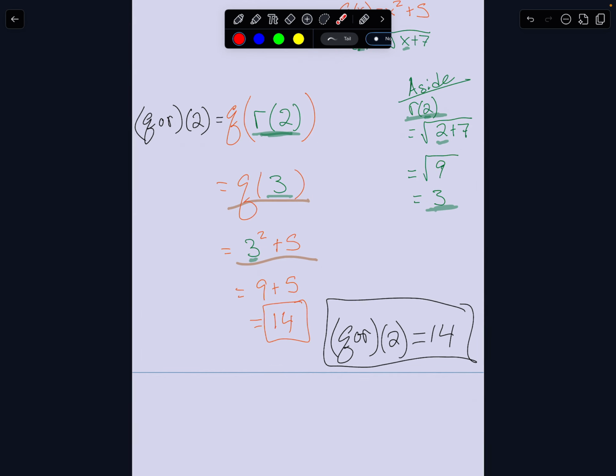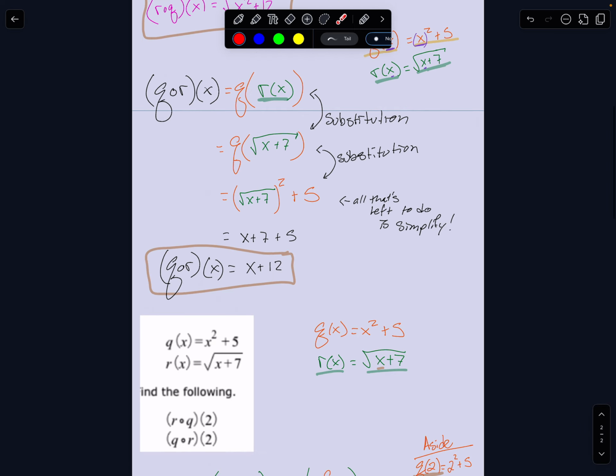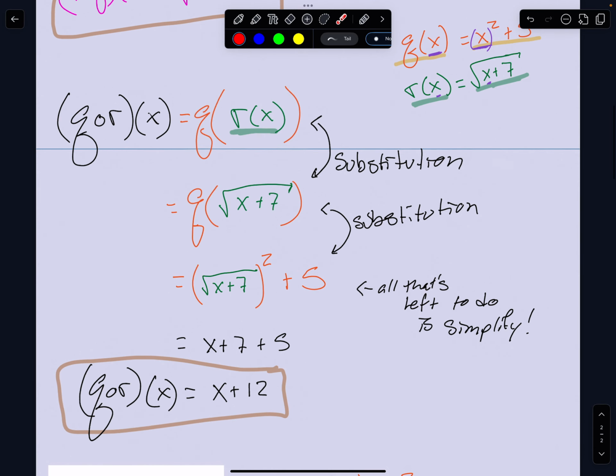Do not overthink this. Notice that once I do my substitution, the name of the function goes away, right? Because I ran it through. The name of the function goes away because I'm switching over from the name of the function side to the equation side, or to the answer, depending on which part. Same thing up here when we were doing the more complicated version, when I switched from the left-hand side, the name r of x, to the right-hand side, the equation, there's no more r right here.